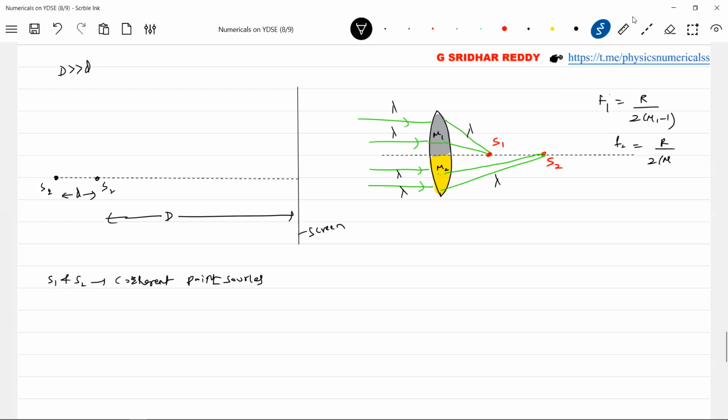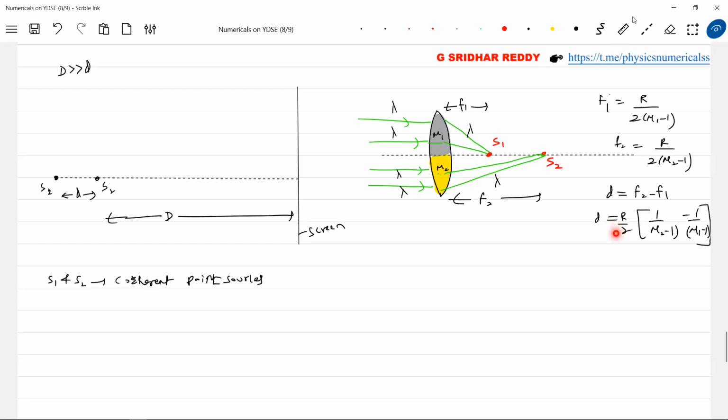R by 2(mu2 minus 1). So what is the distance d now? f2 minus f1. Got the idea? So they'll bring numericals of this kind, you have to be careful.